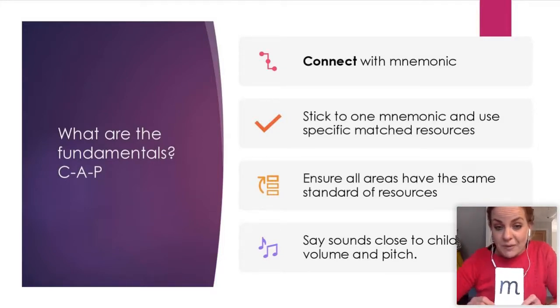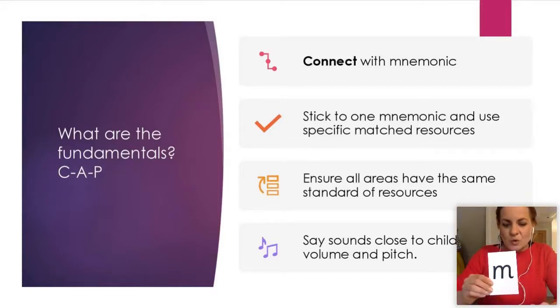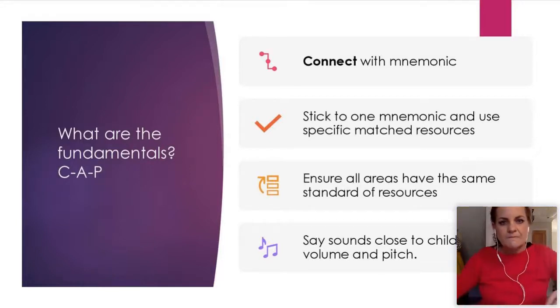I'm obviously from the Midlands in the UK, and in our area here in Walsall and in Birmingham, local dialect can have a huge impact on our pronunciation of those sounds. We've got to make sure that we're clear and concise and using the standard English for those sounds.